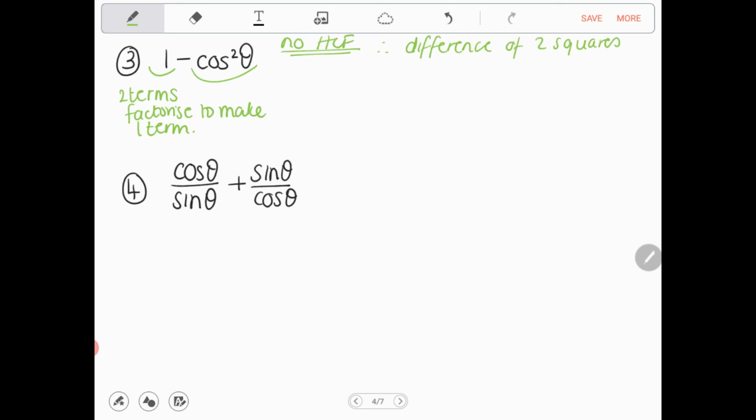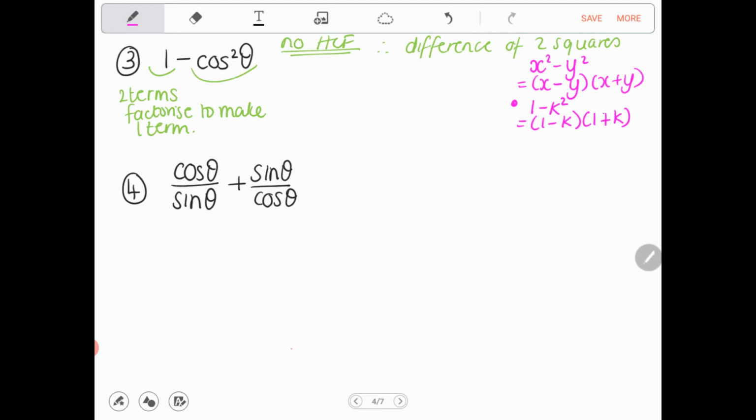Okay, if you guys remember your difference of two squares, if I gave you x squared minus y squared, you would tell me it was x minus y and x plus y. Okay. If I gave you 1 minus k squared, you would tell me it was 1 minus k and 1 plus k, because the square root of 1 is 1 and the square root of k squared is k.